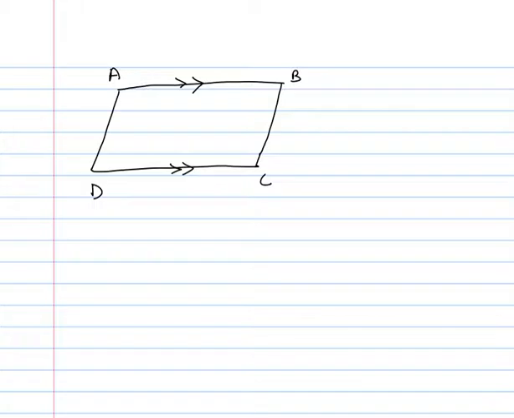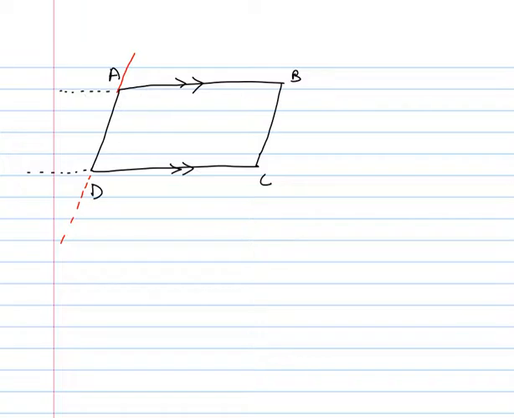Now let us extend this line AD. We will draw with a different color so that it is easy to understand. Let us extend this line AD, and these are lines AB and DC. These are the parallel lines.